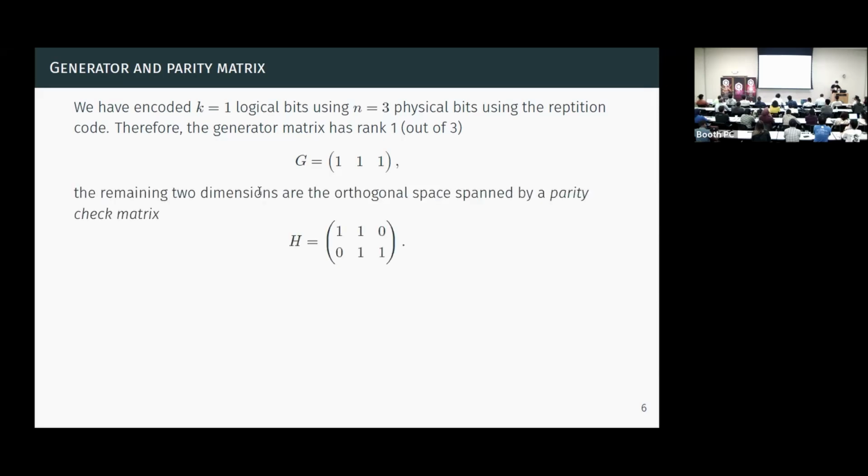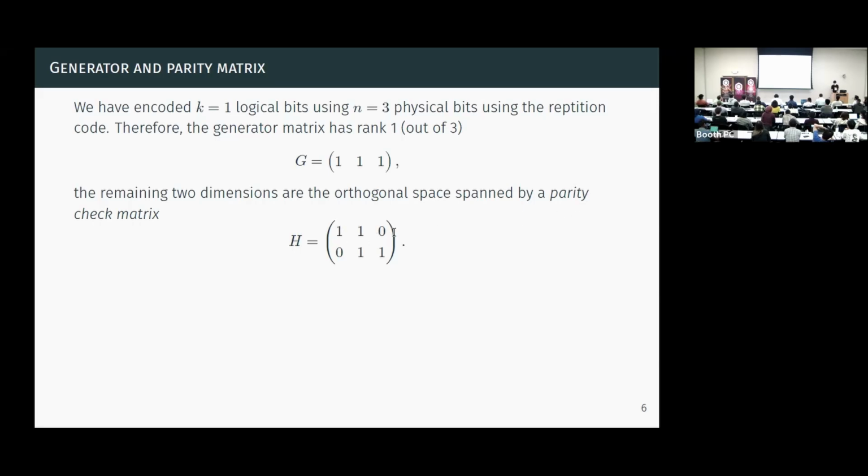And then, from basic linear algebra, you know there is an orthogonal space, right? We can look at the space of bit strings that are orthogonal to our generator matrix rows, and in particular, these are spanned by what we call a parity check matrix. So it's just the orthogonal subspace.